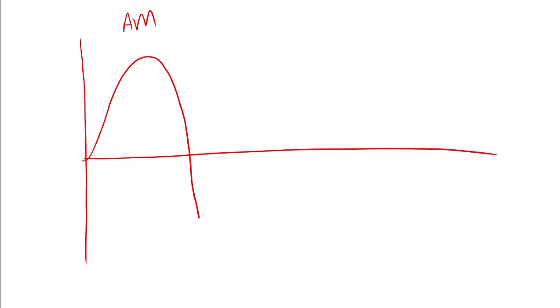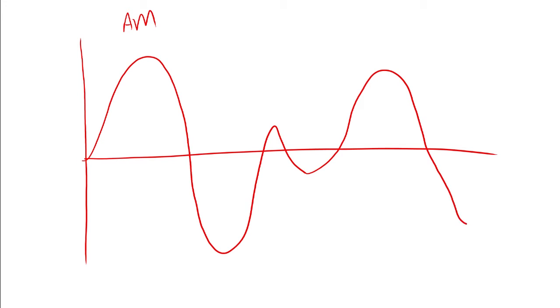So if I'm transmitting data and I do an AM, I can change the height to keep the period steady. For example, I'm just changing.